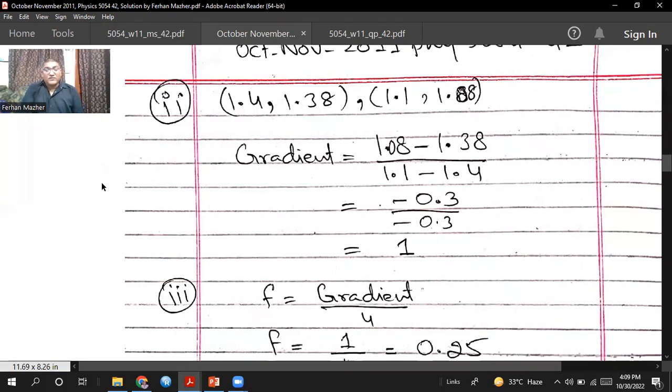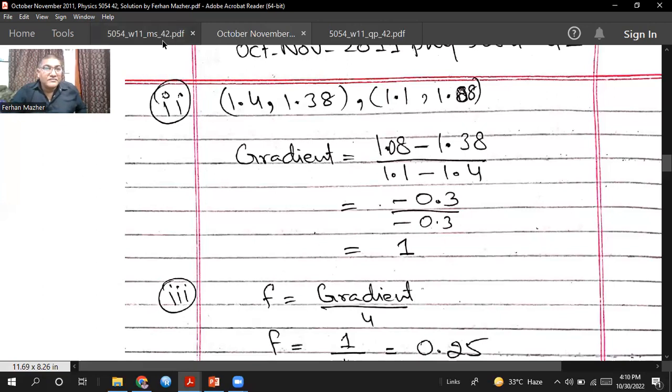So y2 minus y1 will be 1.08 minus 1.38, and in the denominator, x2 minus x1 will be 1.1 minus 1.4. So 1.08 minus 1.38 is minus 0.3, and 1.1 minus 1.4 is minus 0.3. So minus 0.3 divided by minus 0.3 is 1. So the gradient is approximately 1.